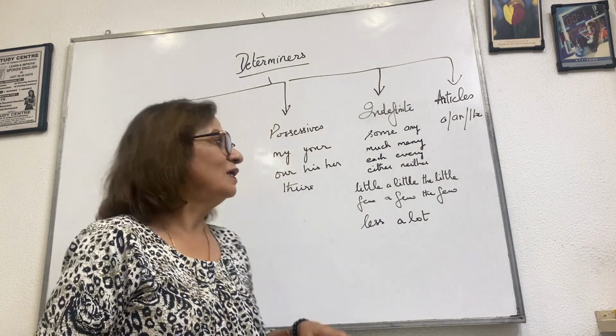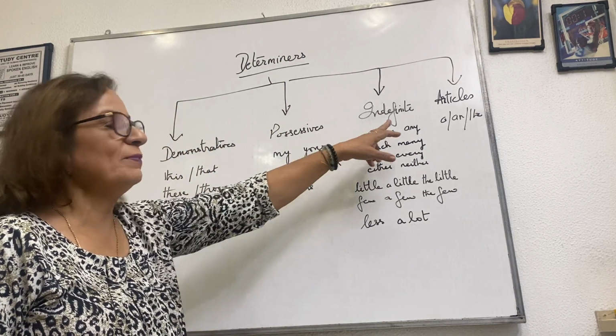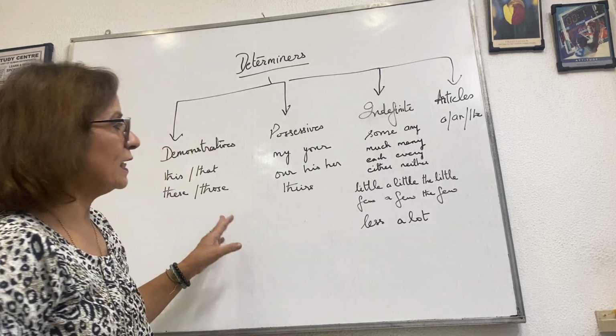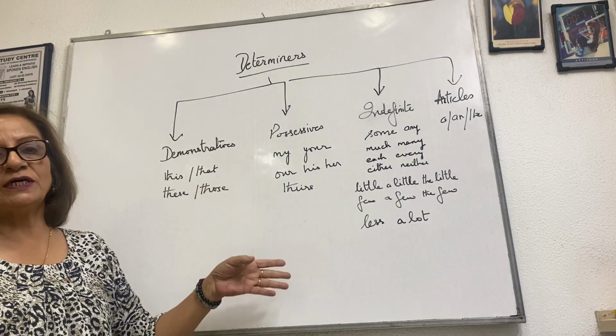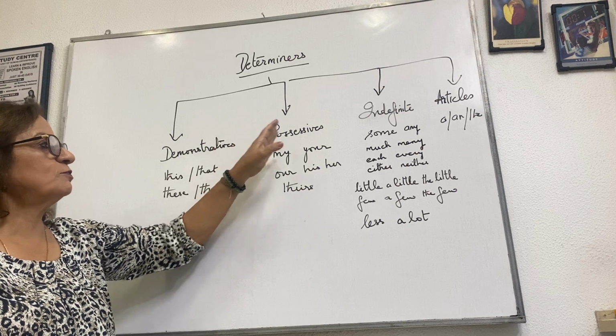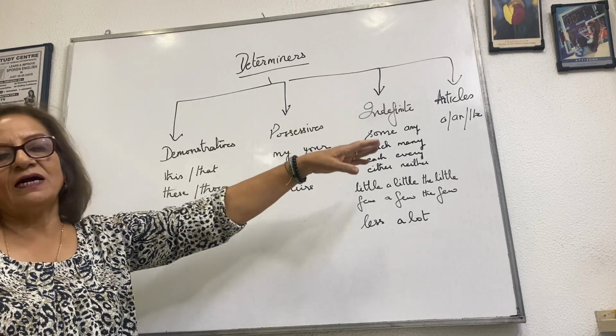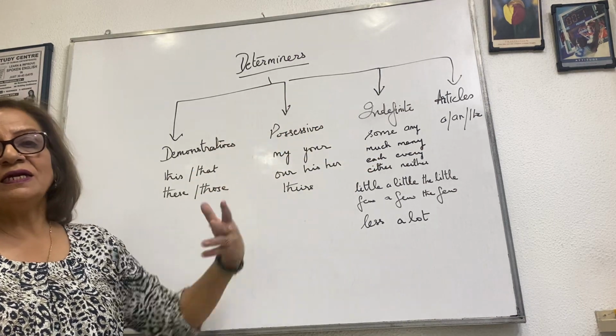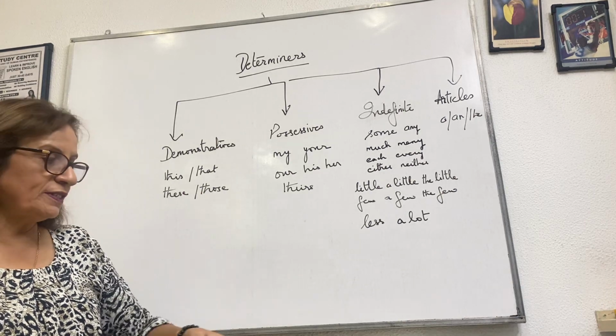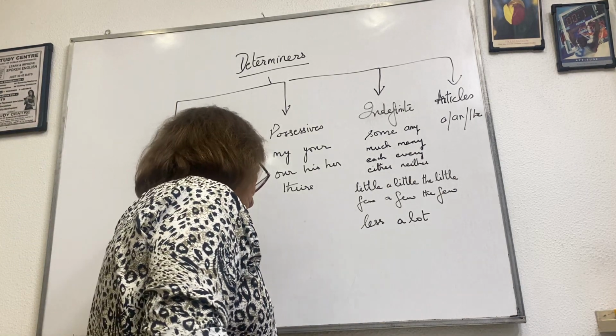First of all is some, any. I give you 2 minutes. First, make this flow chart: determiners, then demonstratives, possessives, indefinite, and articles. Determiners are like adjectives because they qualify a noun.